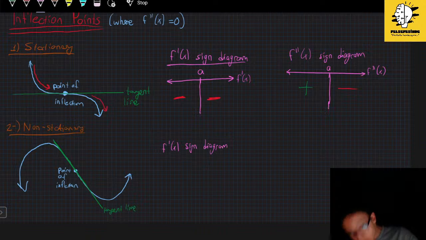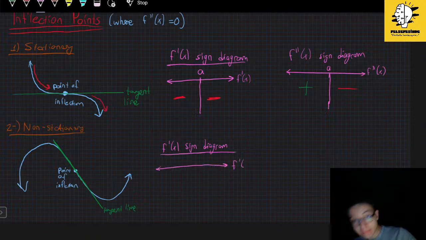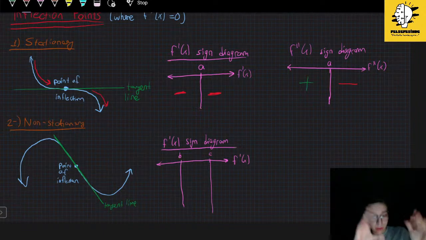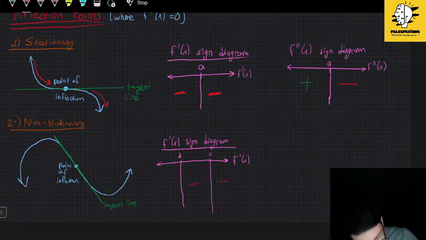So the f derivative x sign diagram should look something like this. In here, actually, we will have more than that, more points. Let's say we will have a B point, then we will have a C point. They should be, for example, negative here and positive here.